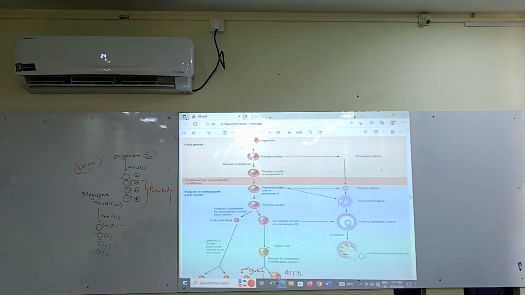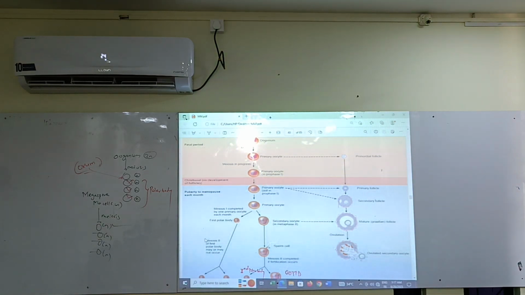ठीक, आगे बढ़ते हैं। These cells start division and enter into the prophase 1 of meiosis 1 and get temporarily arrested at that stage, and they are called what? Primary oocytes.